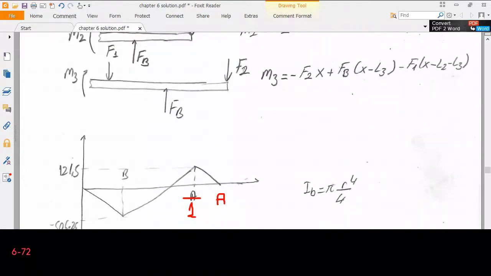In fact, we will see the maximum bending stress at the point where we have the maximum bending moment, and this is the point B.